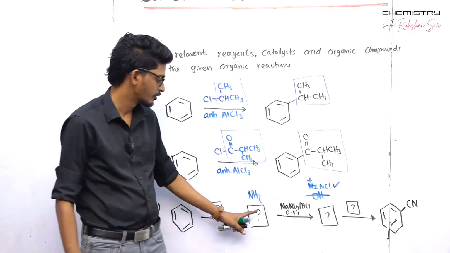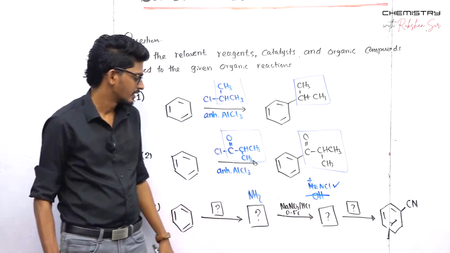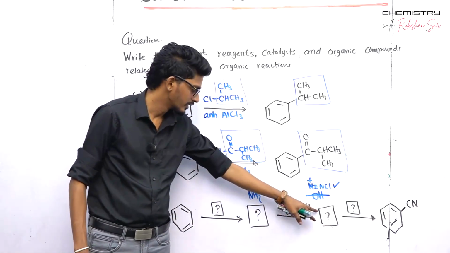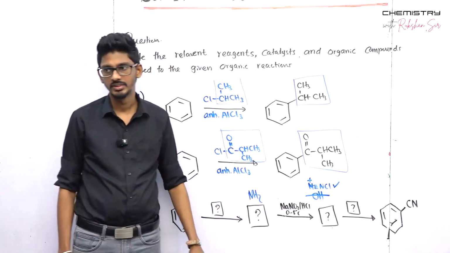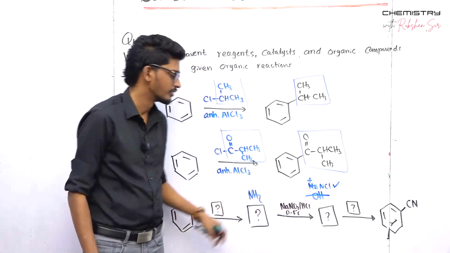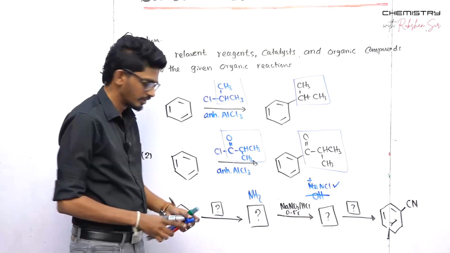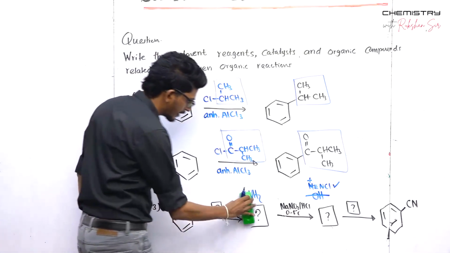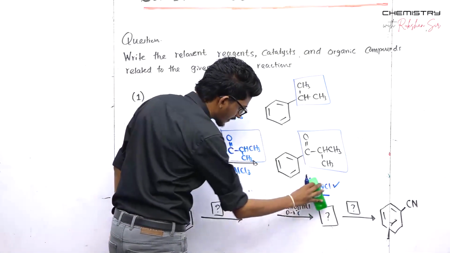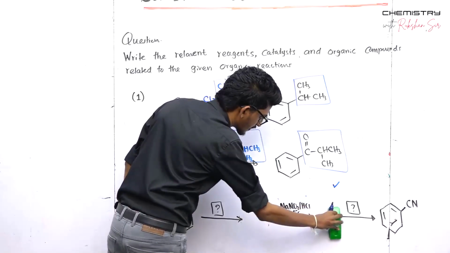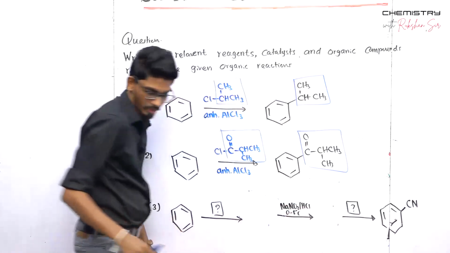So definitely with this reaction, the aniline and the diazonium salt, the two are involved. So we'll start with that. That is the best place to start to solve this problem.